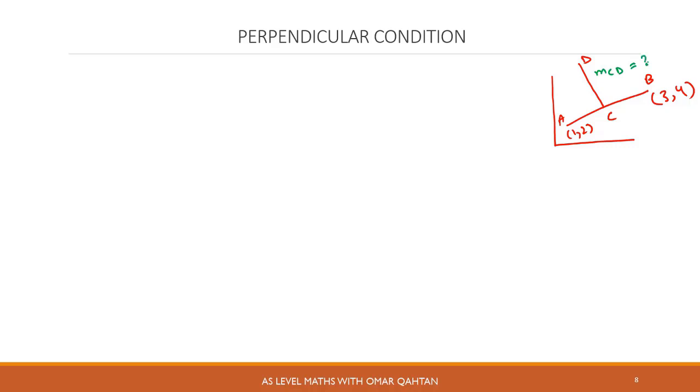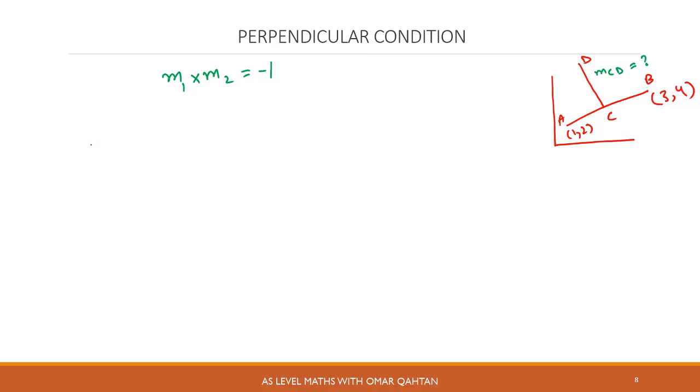So how would you do it? We actually know the formula, which says M1 into M2 is equal to minus 1. So first we will try to find the gradient of AB, which is needed here.